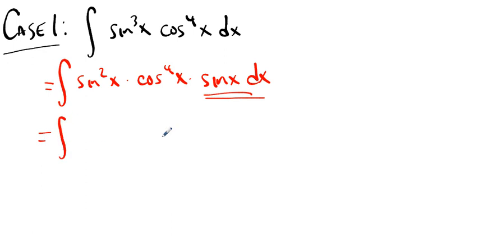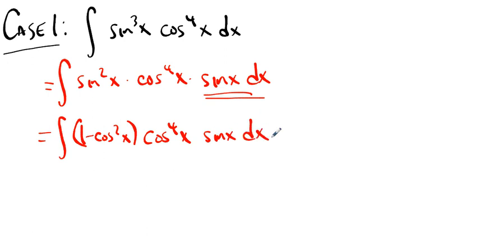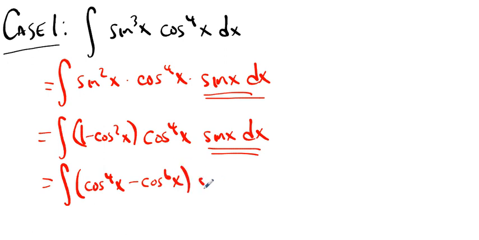Let's see what the rest of the trick says. The rest of the trick says to sub in, instead of sine squared x, 1 minus cosine squared x. Is it obvious yet why sine x is sort of hanging out here?